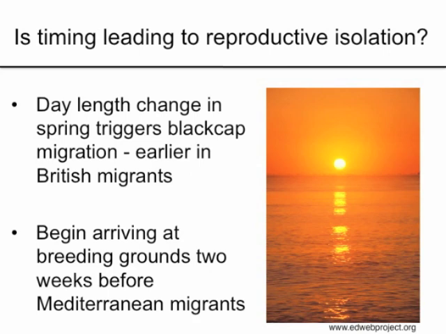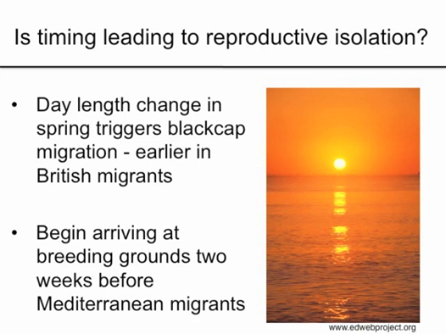Because the timing of the day length change is different in Europe than it is further south, the British migrants will leave earlier than the Mediterranean migrants. It turns out that British migrants begin arriving at the breeding grounds a full 2 weeks before the Mediterranean migrants. Since they are returning to breed, as soon as they return, they start establishing breeding territory and looking for a mate.